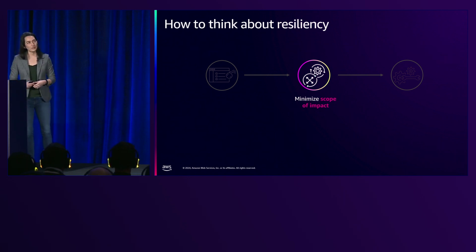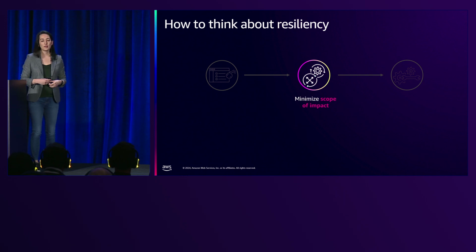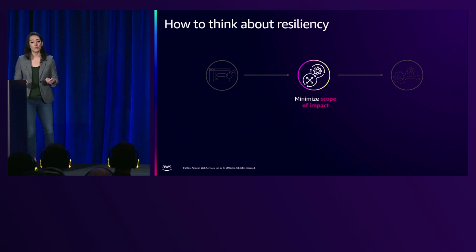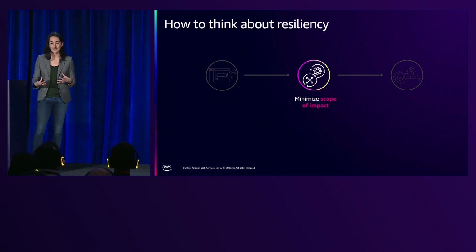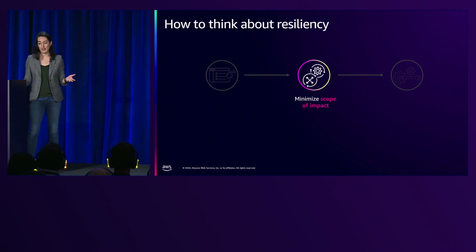And so really, one of the important ways to minimize the scope of impact, first of all, is to build using multiple zones, availability zones. And so why is that, right? One of the bedrock principles of EBS is availability zone independence.